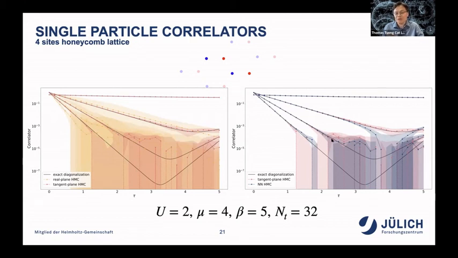Although at short times, you can't see a difference between the tangent plane and the neural network. This is quite nice for us. The agreement that we get between the neural network and the exact results is very nice. Within uncertainties, they line up with the exact results.